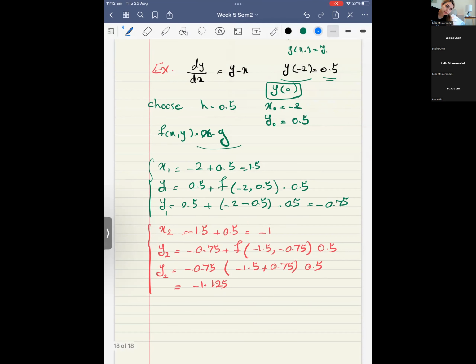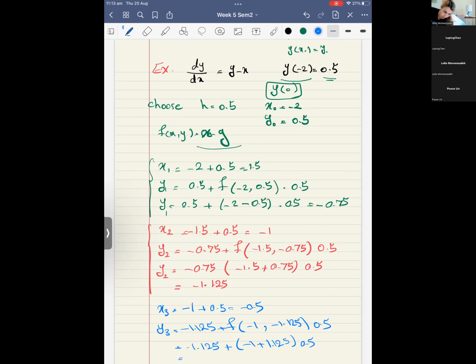Let's check x3. It is x2 plus h, and y3 is y2 plus f of x2, y2 times h, which would be about minus 1.0625.